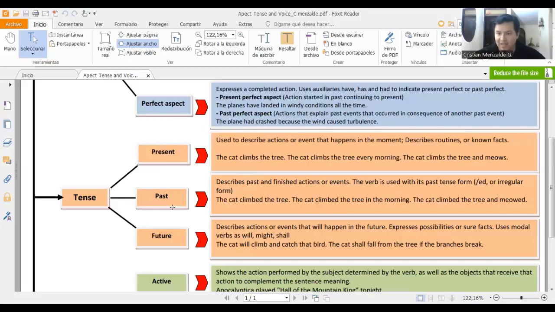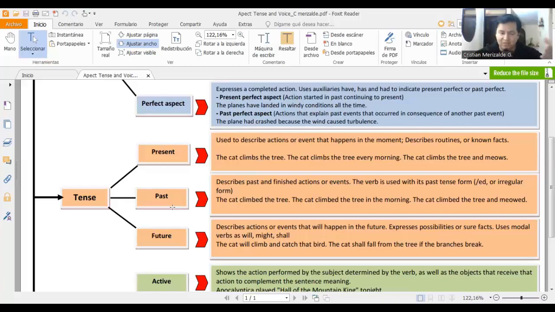That is something that will happen, because the cat will fall if the branch breaks, because the cat has no surface to step on. So we use the future tense to express possibility or to express sure facts.